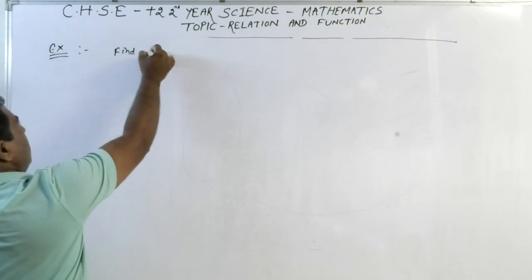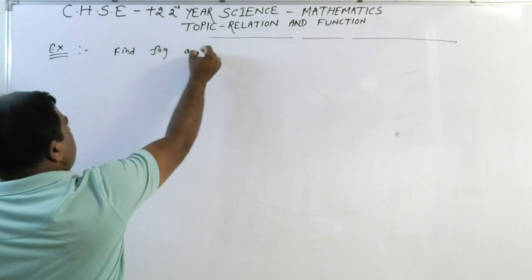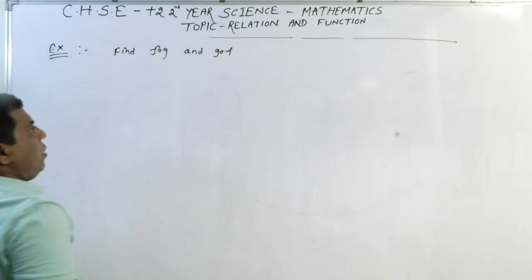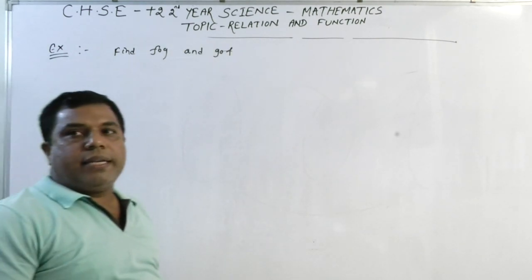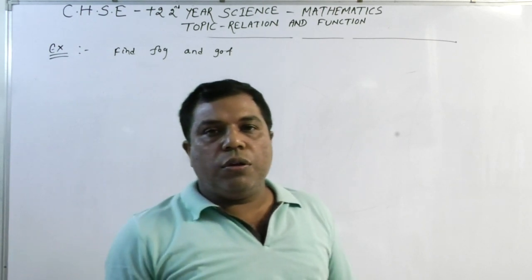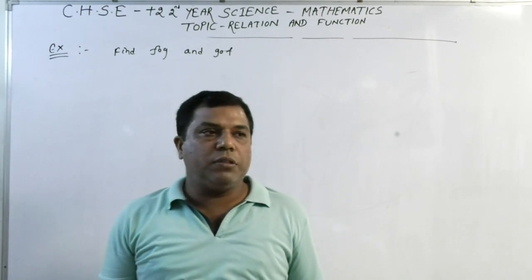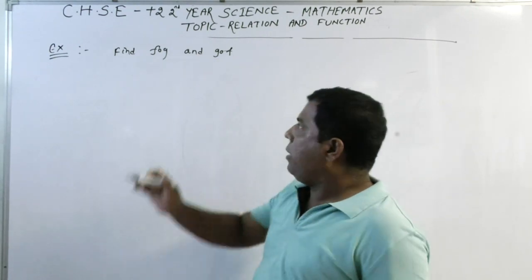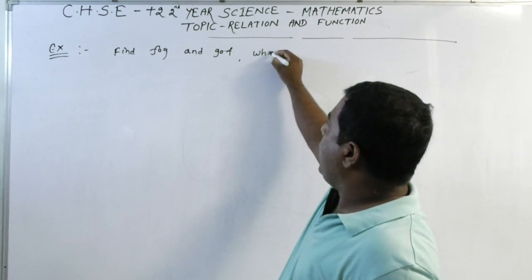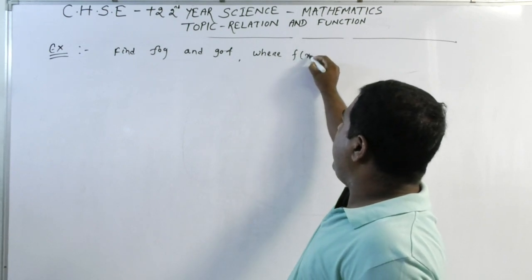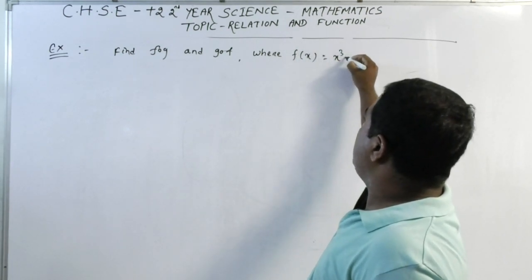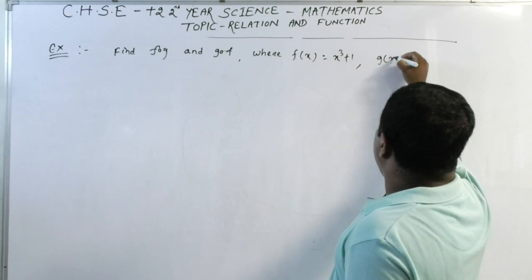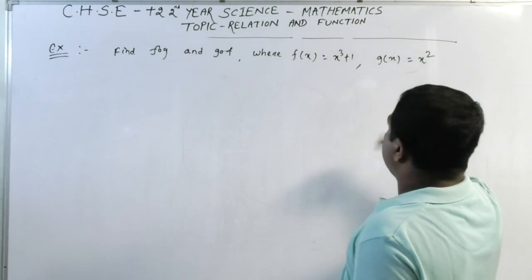Okay. So some of the examples: find f o g and g o f. These are the examples in our books also. You can find this type of examples in your books. Find f o g and g o f where f of x equals x cube plus 1, g of x equals x square.